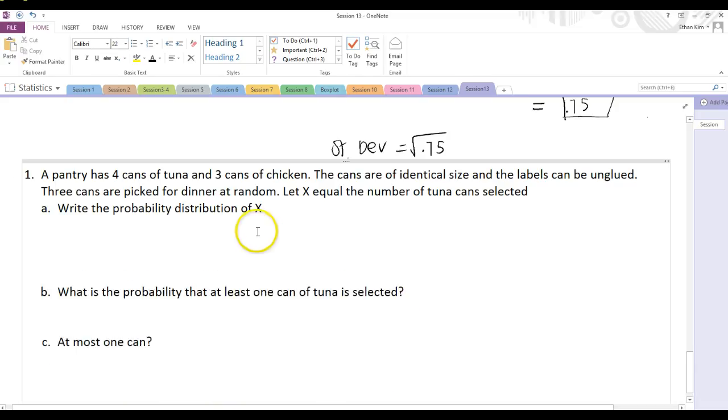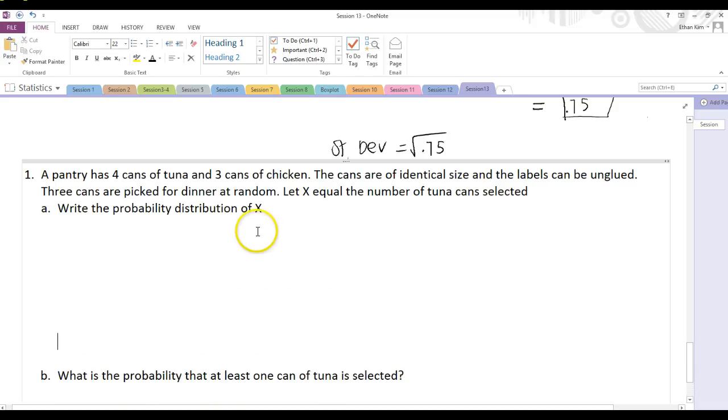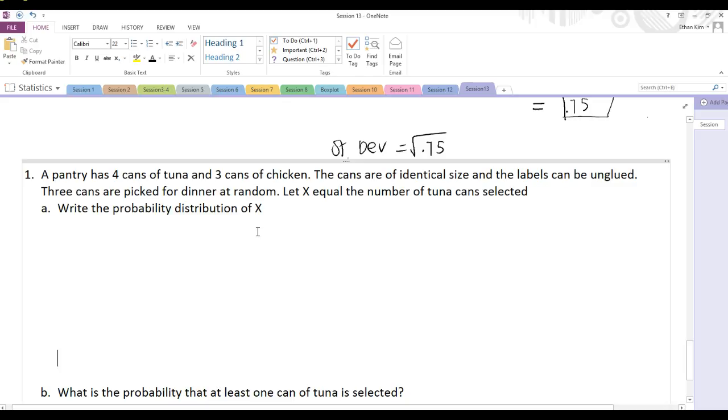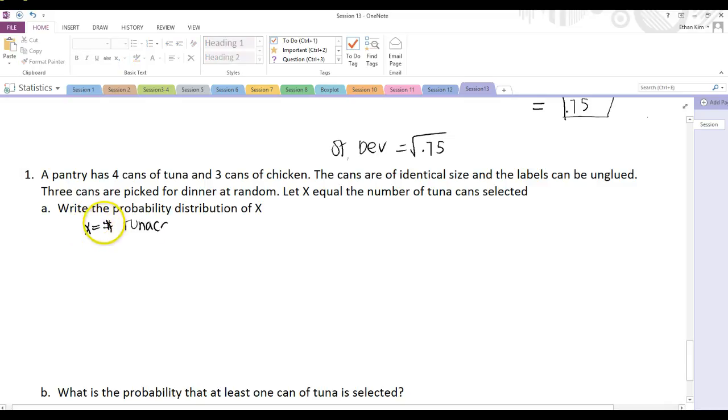Alright, so let's do that now. x equals the number of tuna cans. Let's look at the possible cases for x.